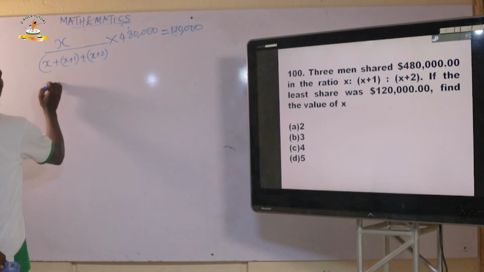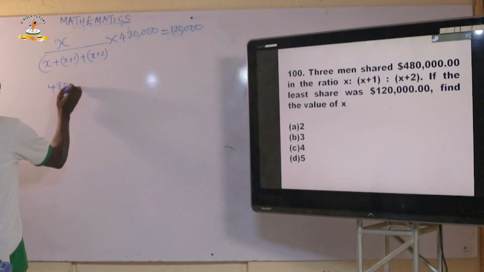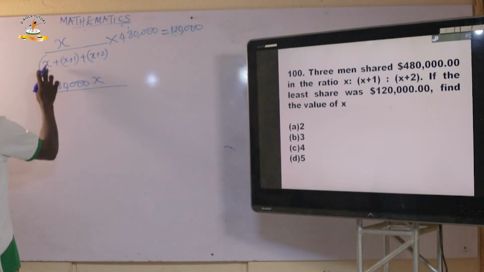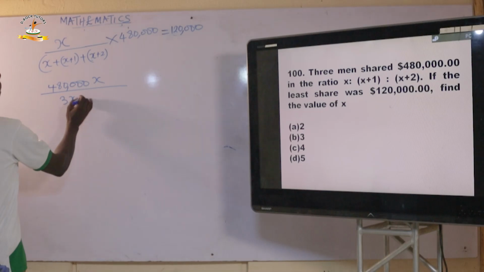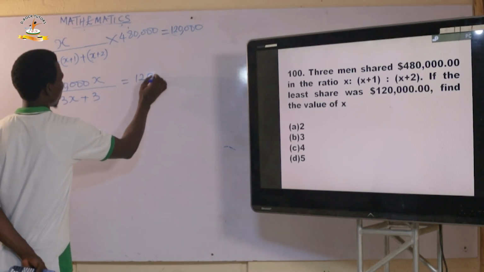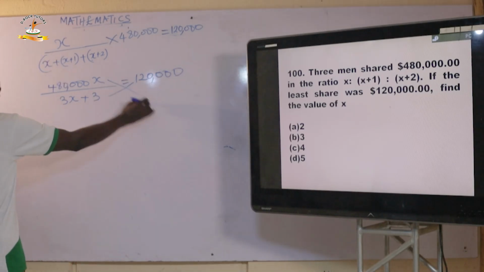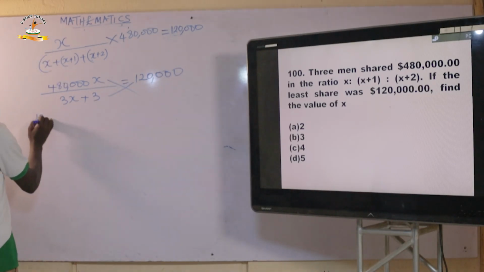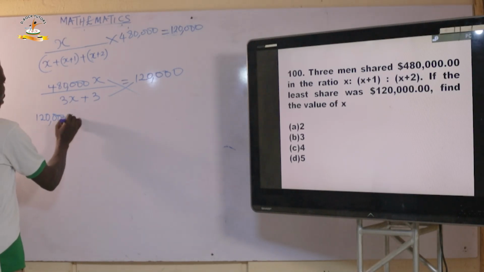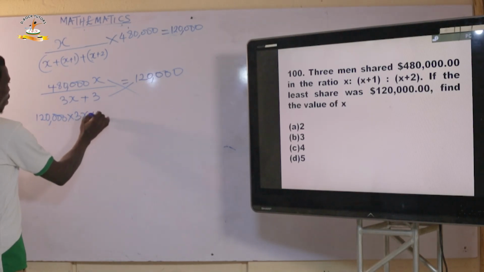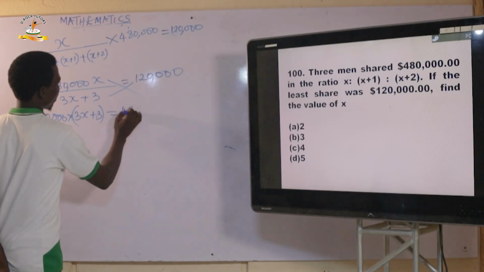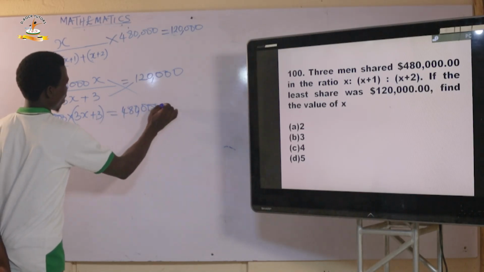So we go. What do we have? 480,000 x all over, what do we have? x plus x plus x is 3x, plus 1 plus 2 is 3, equals 120,000. We cross multiply. So we have 120,000 times bracket 3x plus 3, equals 480,000 x.